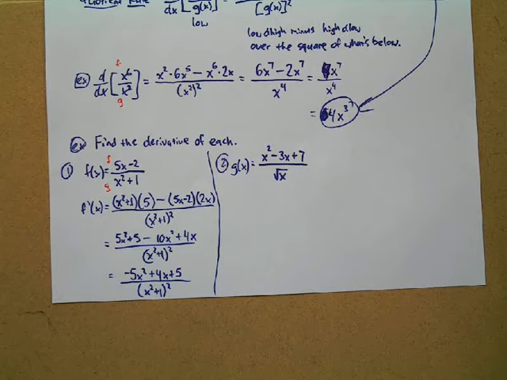Do we need to use the quotient rule here? Could we use the quotient rule? Yes, absolutely. It's a quotient. But do we need to use the quotient rule here? A numerator can be broken up over the denominator, right?